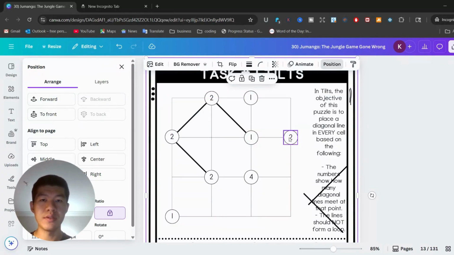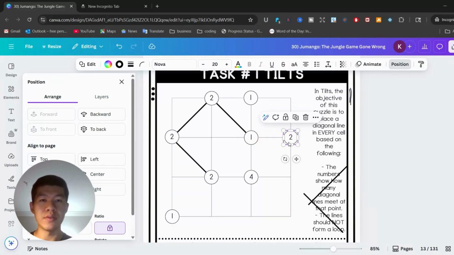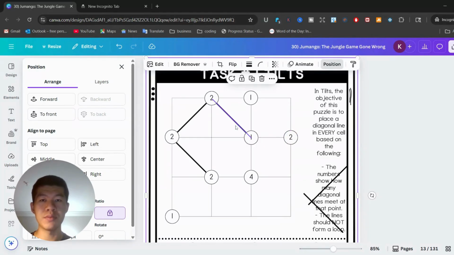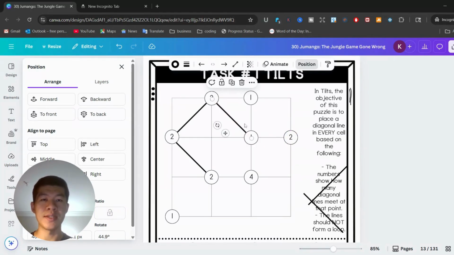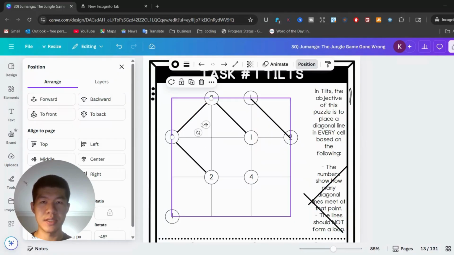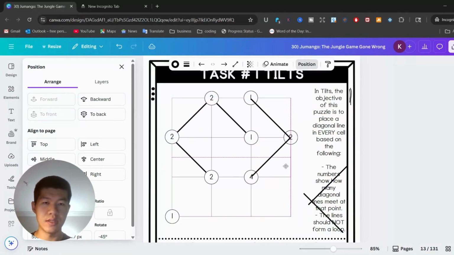So same thing with this 2. There's going to be 2 diagonal lines connecting to this point here, because this is the number 2. And so the only diagonal lines that I can draw that can fit here, that meet at this point, is drawing my diagonal lines like so.